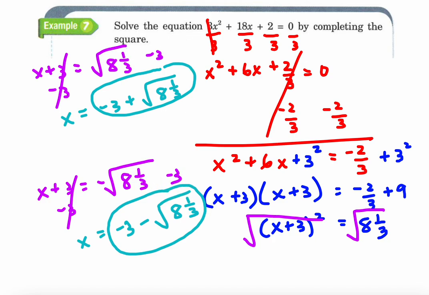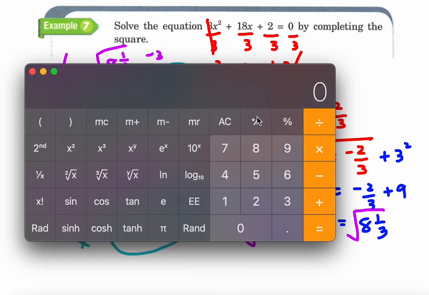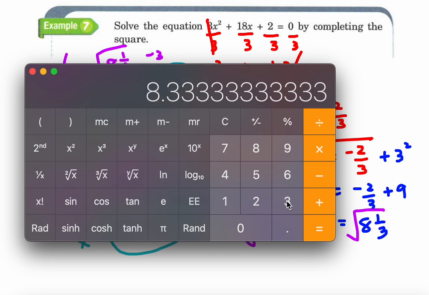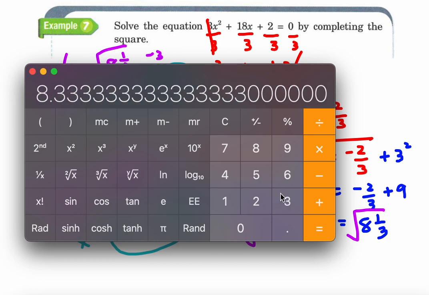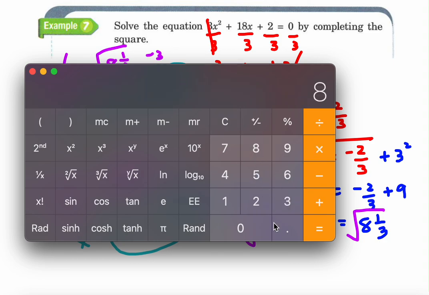Now again, you could put them into your calculator and figure out the approximations with decimals. Let's see, 8 1/3 would be 8 with 3's repeating at the end.